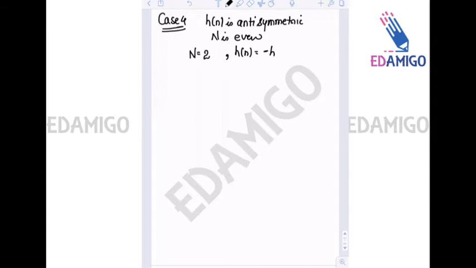Now let's look at case 4, the last case, where Hn is anti-symmetric and n is even. Okay, so let us take n equal to 2. So Hn will be equal to minus times h of capital N minus 1 minus n. Hn equals minus times h of 1 minus n.